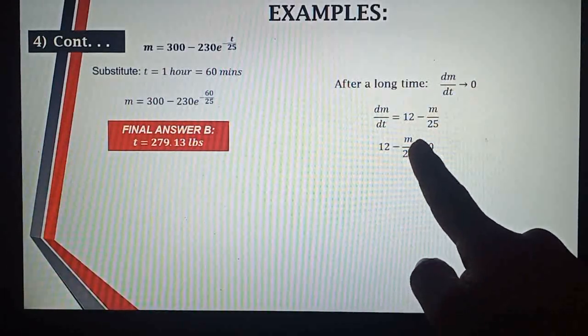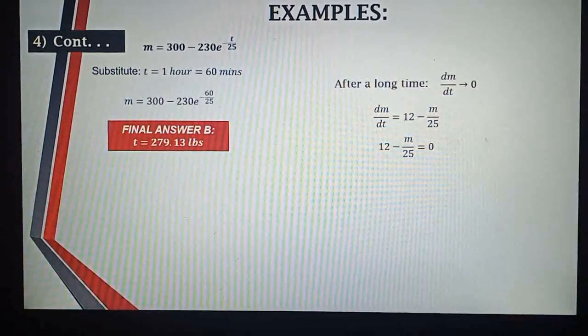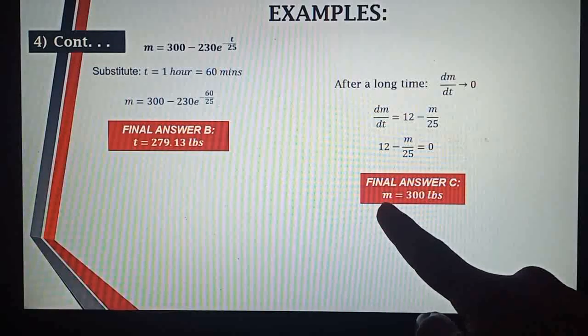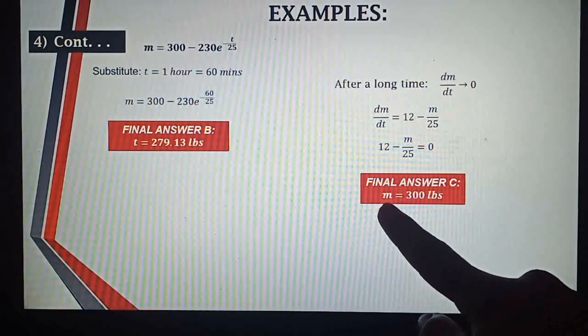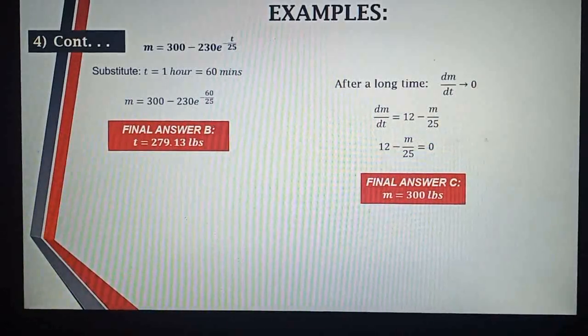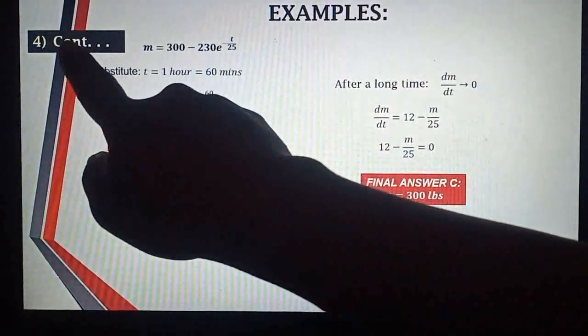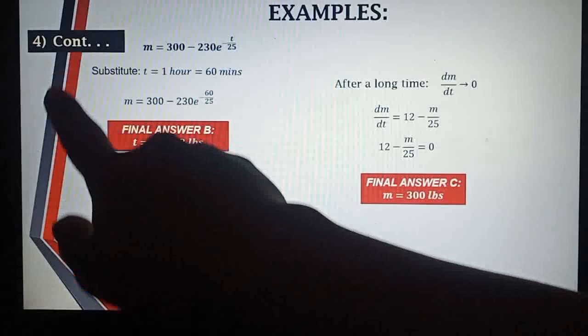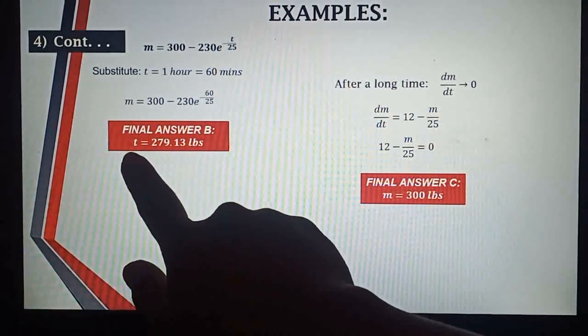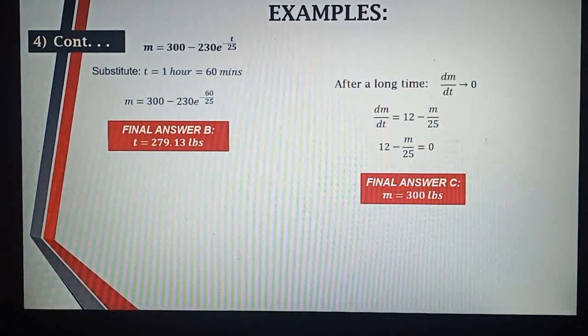So 12 minus m over 25 equated to 0. So our limiting value in this problem is m equals 300 pounds. Again, this is the continuation of problem number 5, and this T must be M, or the mass.